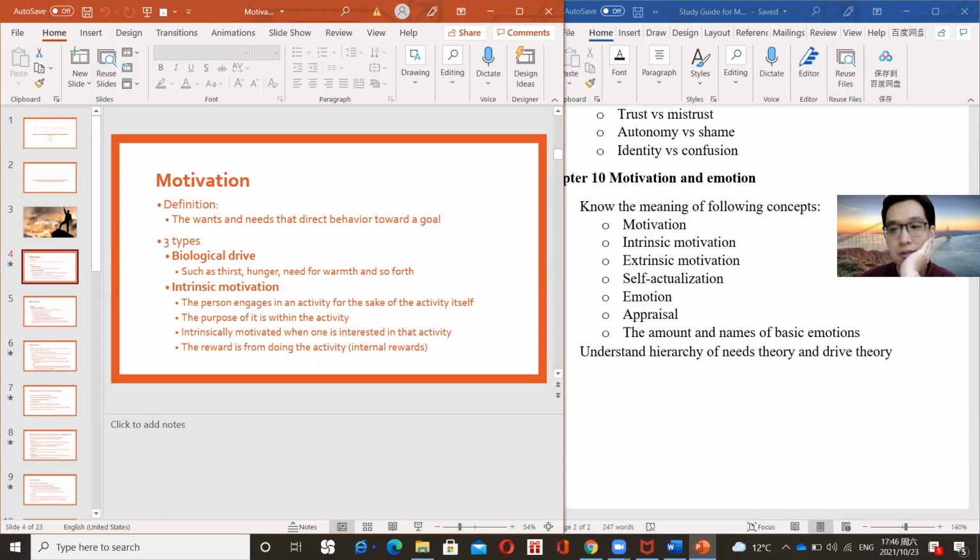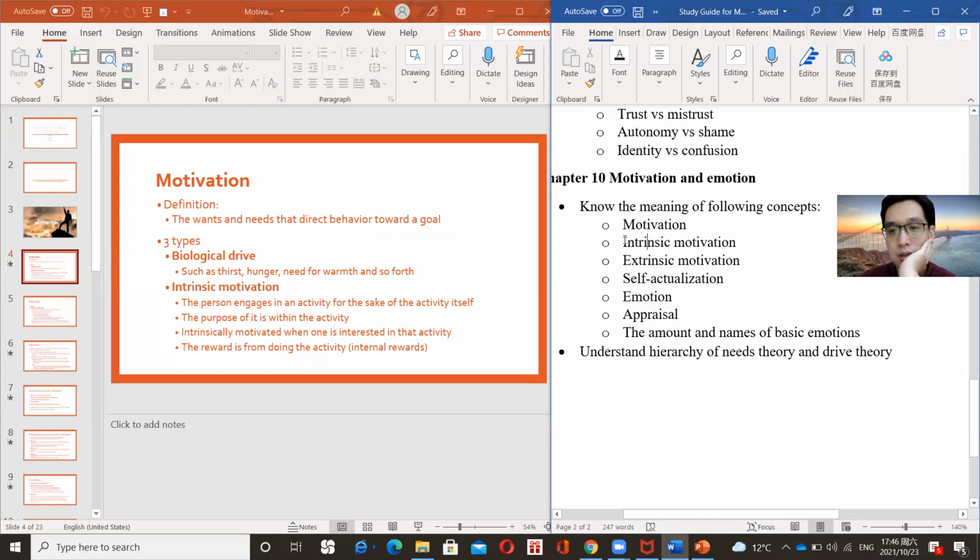That is motivation. And there are different kinds of motivation. There's a biological drive. And there are also 2 kinds of psychological motivation, intrinsic motivation and extrinsic motivation. In the lecture, we have talked about the difference between the 2 kinds of motivation.